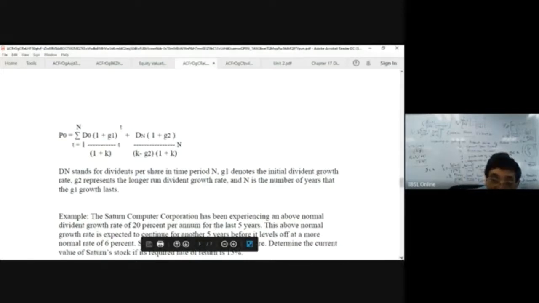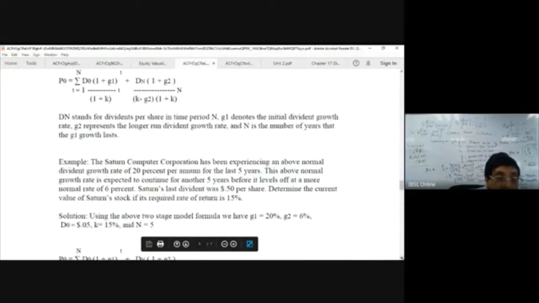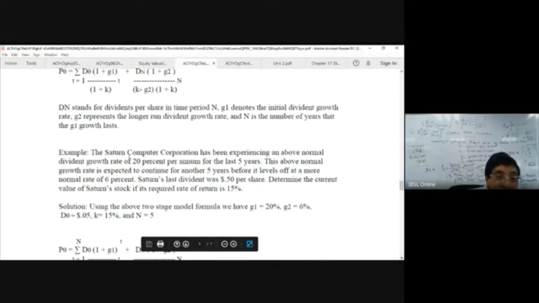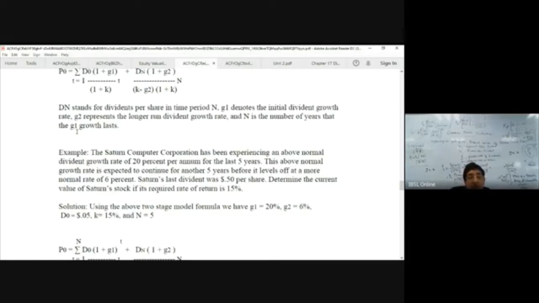Right, now an example is also given here. The Saturn Computer Corporation has been experiencing an above normal dividend growth rate of 20% per annum for the last 5 years.